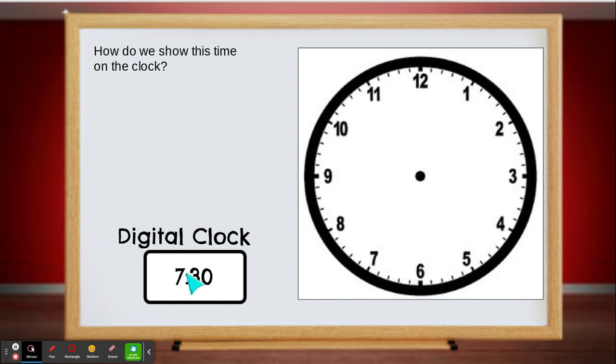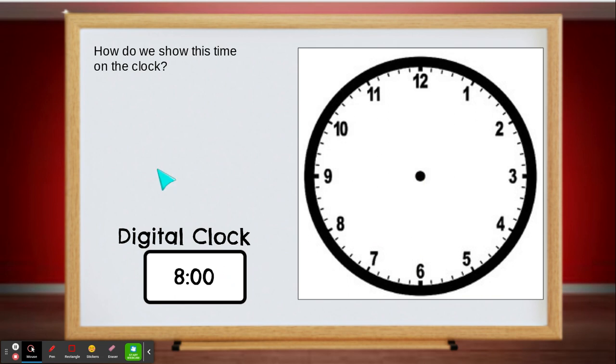And I know 7 is right here, which will be my hour hand. And remember, when it goes half past the hour, my hour hand is pointing directly in the middle of 7 and 8. So my analog clock shows 7:30.